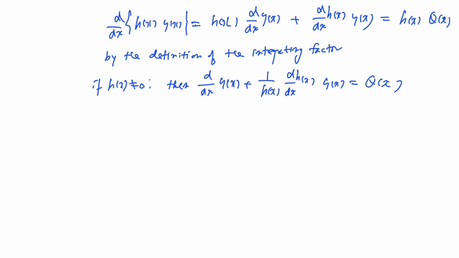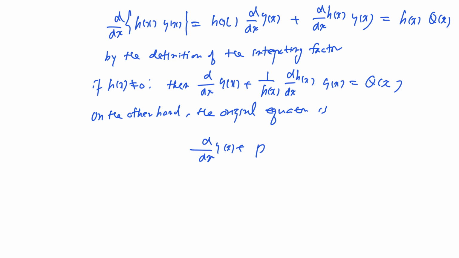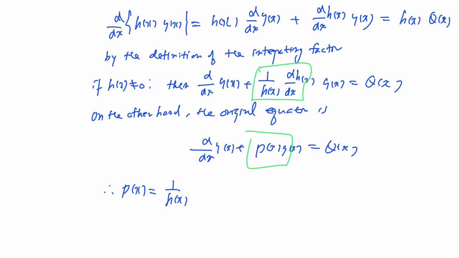The original equation, on the other hand, is dy/dx plus p(x)y(x) is q(x), right? So this and this should be the same. p(x) should be 1 over h(x) dh/dx, right?